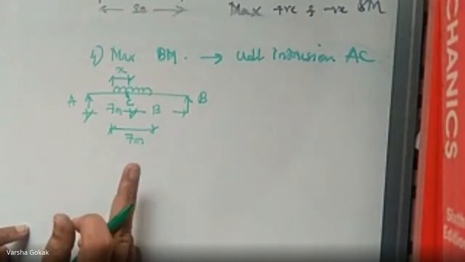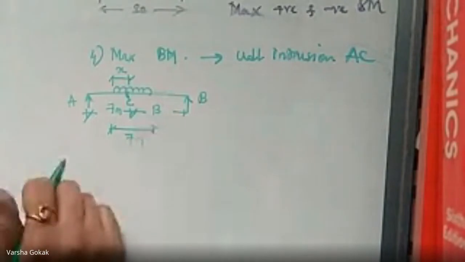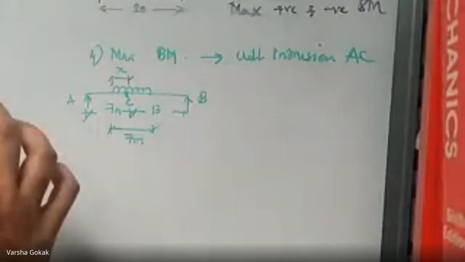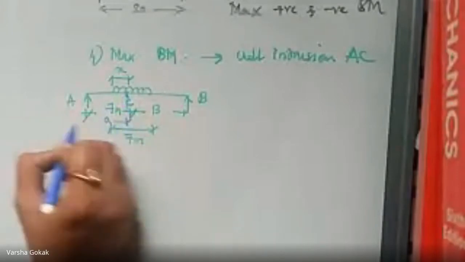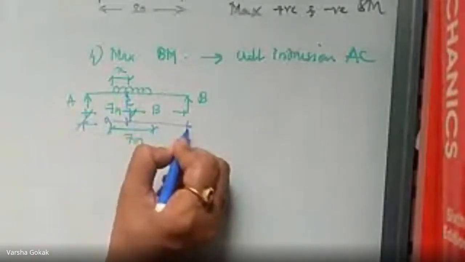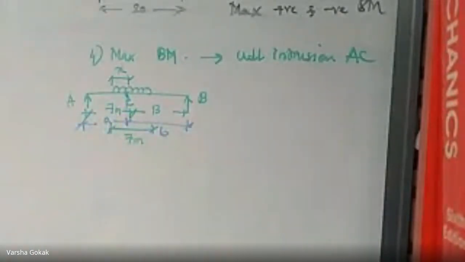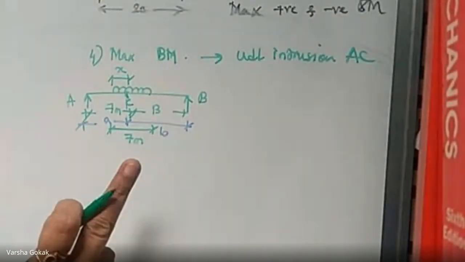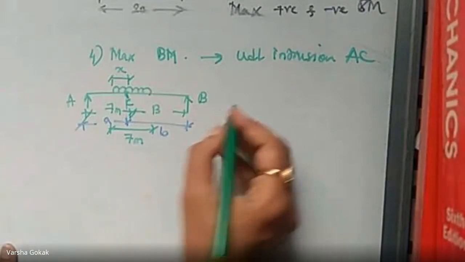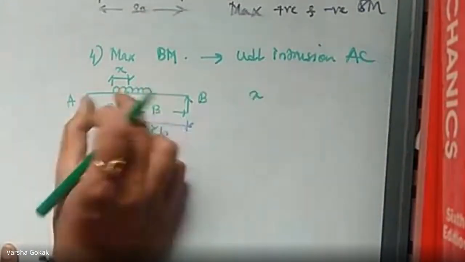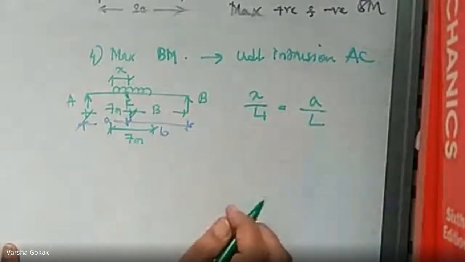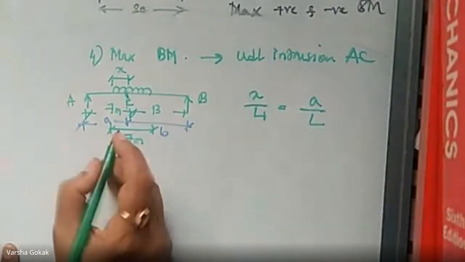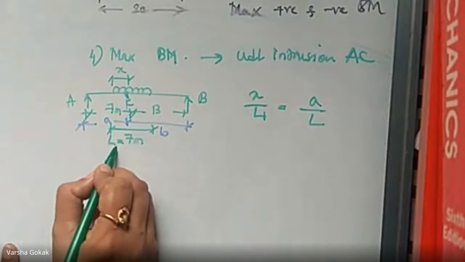We do this so that we are able to use the regular formulas. When I mark A to C as the A distance, and the rest as the B distance, the 7 and 13 are A and B. Place it like this so that we will be able to apply the ratio in this pattern: X divided by L1 will be equal to A divided by L. L1 is nothing but your 7 meters.